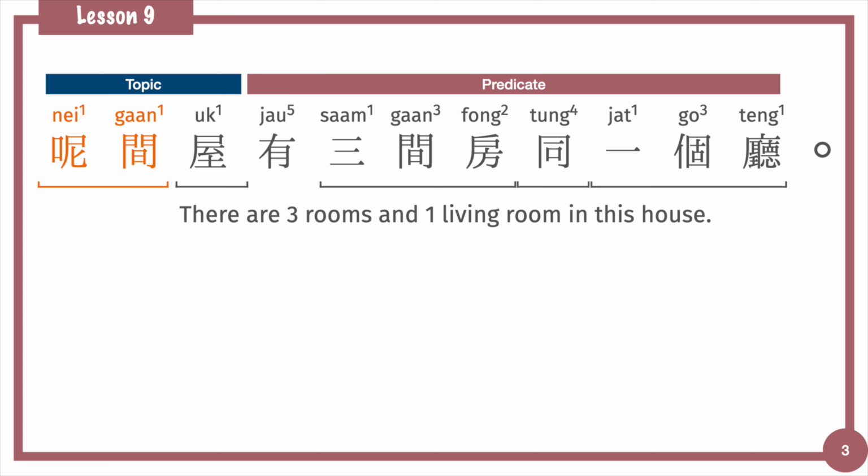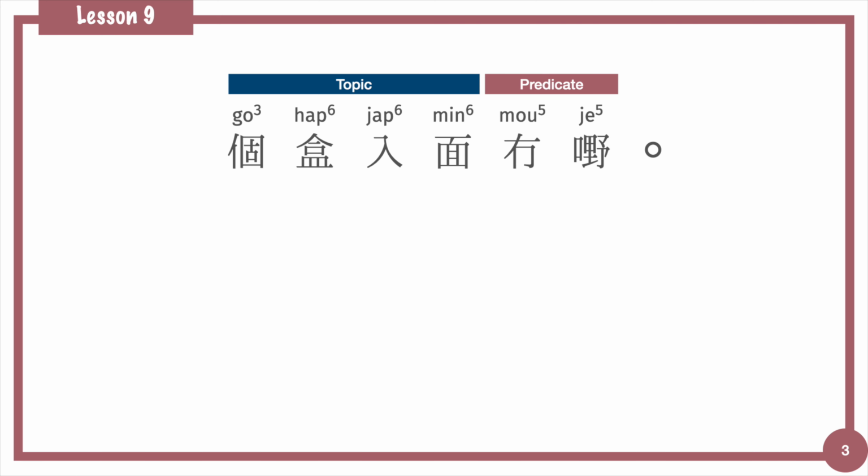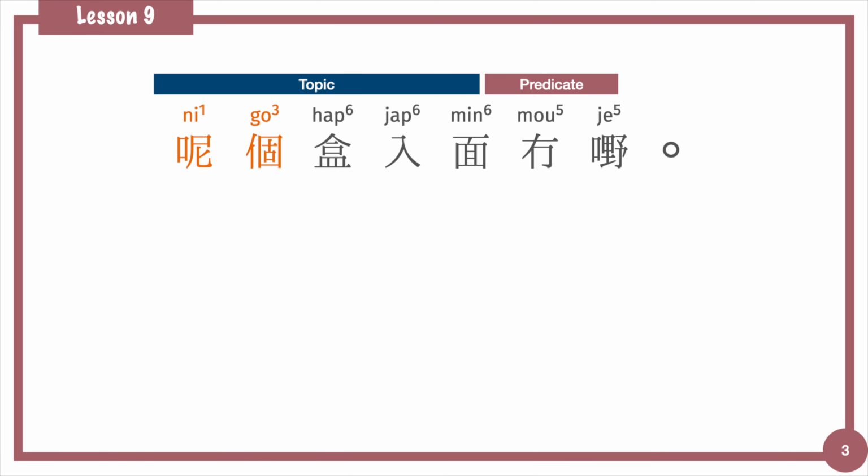In everyday speech, we often drop 呢 and just use the measure word as a demonstrative pronoun. Like 間屋有3間房同1個廳 also shows the same meaning. So, measure word alone can act like demonstrative pronouns in spoken Cantonese. We can see more examples like 個盒入面冇嘢 is same as 呢個盒入面冇嘢.